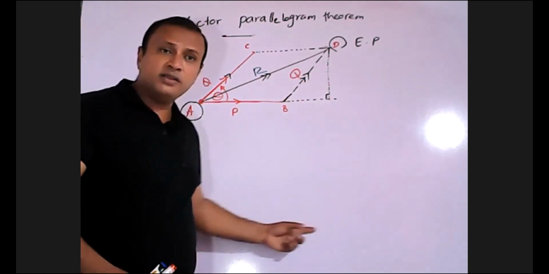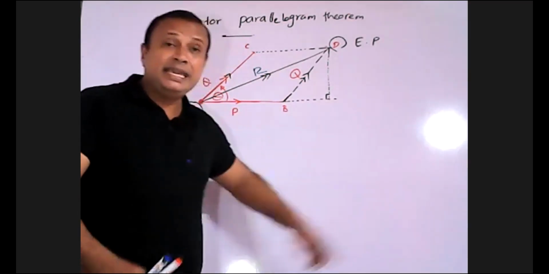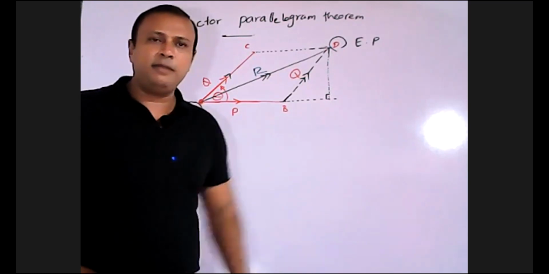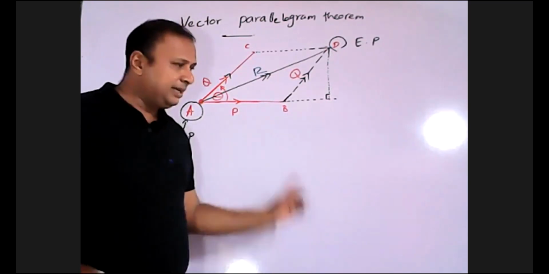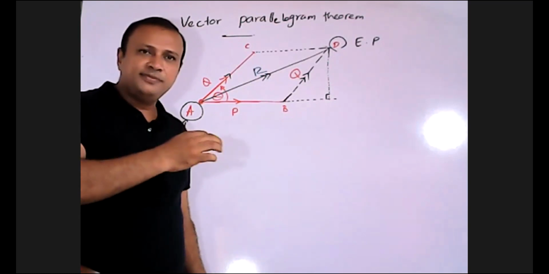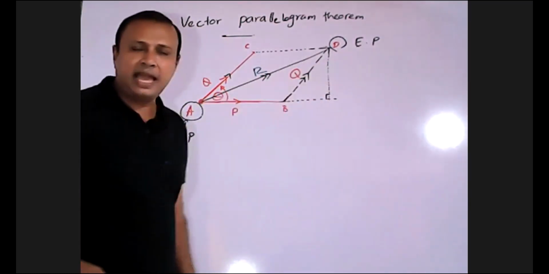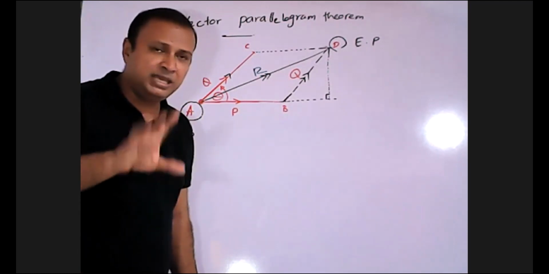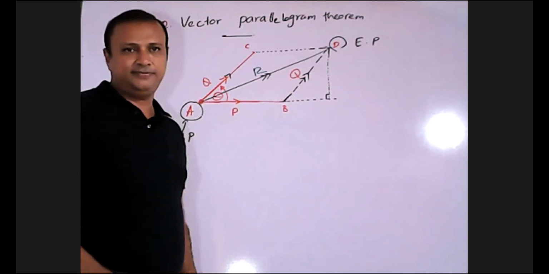If you consider a force acting on a rigid body, it has a line of action, but it doesn't have a point of action. It can be applied anywhere in that line, because it has only a line of action.